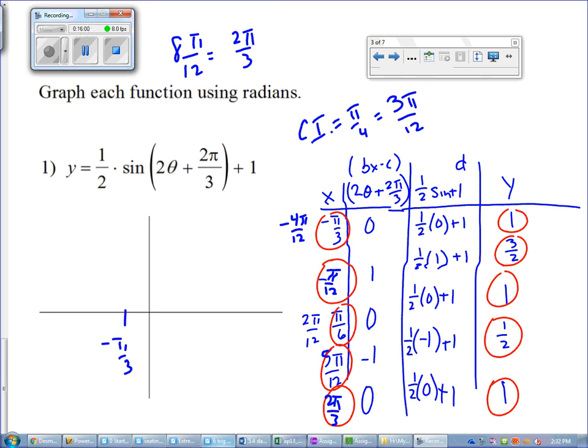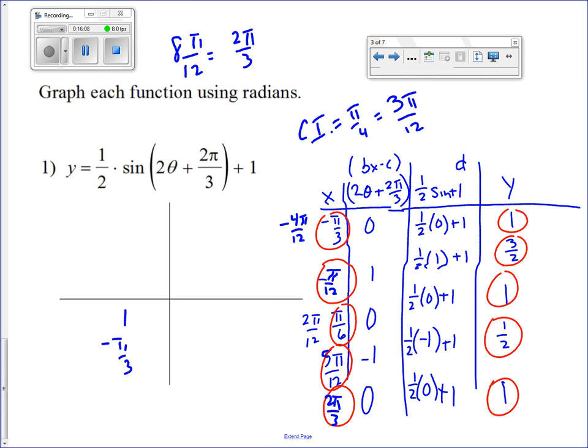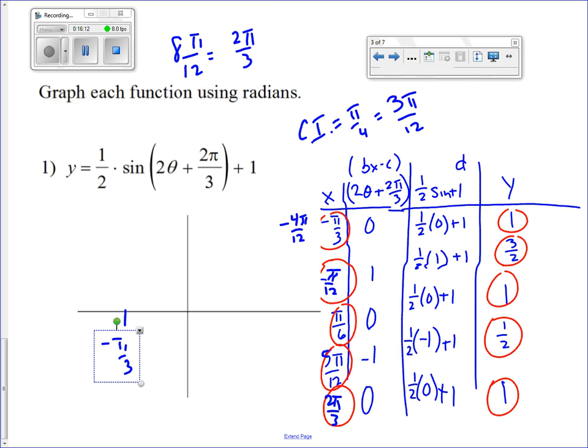All right, my next point's actually negative pi over 12, so I'm going to move the graph itself pi over 3. We're just going to move the actual graph, pi over 3. Negative pi over 12.